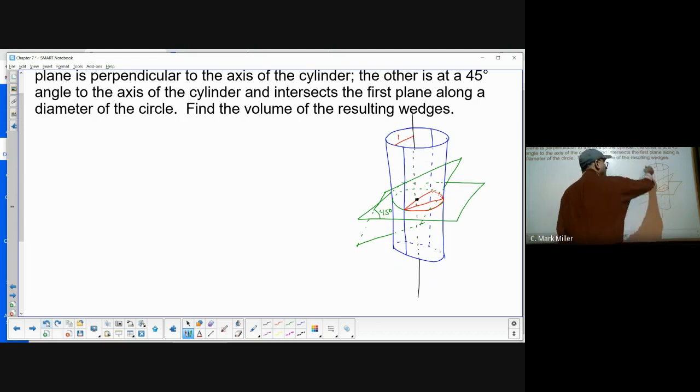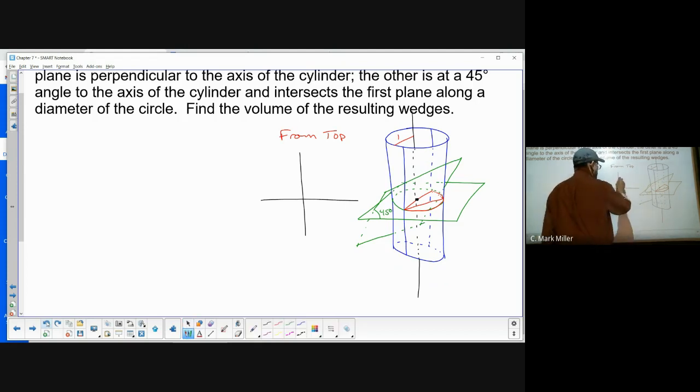And so if I were to look down from the top, I'm going to have the blue circle, radius 1.